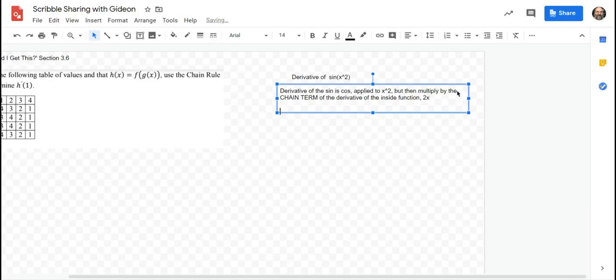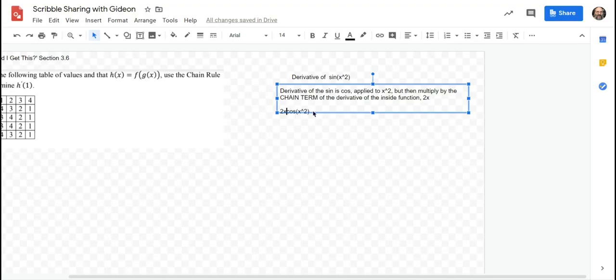So the answer is cosine, still plain old x squared. That doesn't get affected, but we multiply that by 2x at the end. Usually what we do for clarity is we put the coefficients, the multipliers, up in the front, because if you have them dangling at the end, it's sort of, is that inside the cosine parentheses or not?